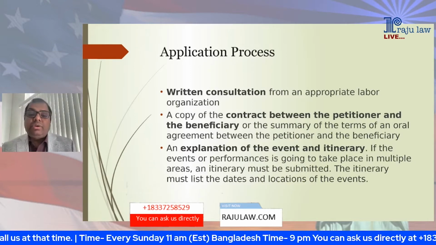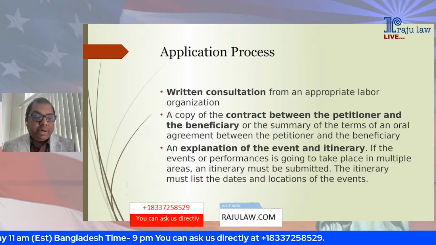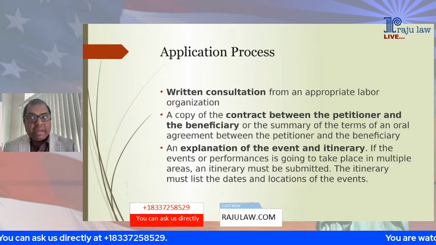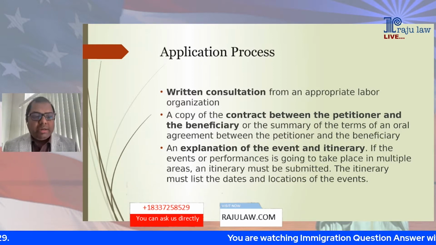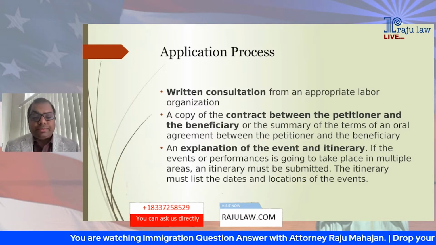You need a written consultation saying that if America allows this person to get a P3 visa and he displays his artwork, it would be beneficial to America and to his or her home country. It's not very hard to get, but it is mandatory. You have to get a written consultation from an appropriate labor organization.